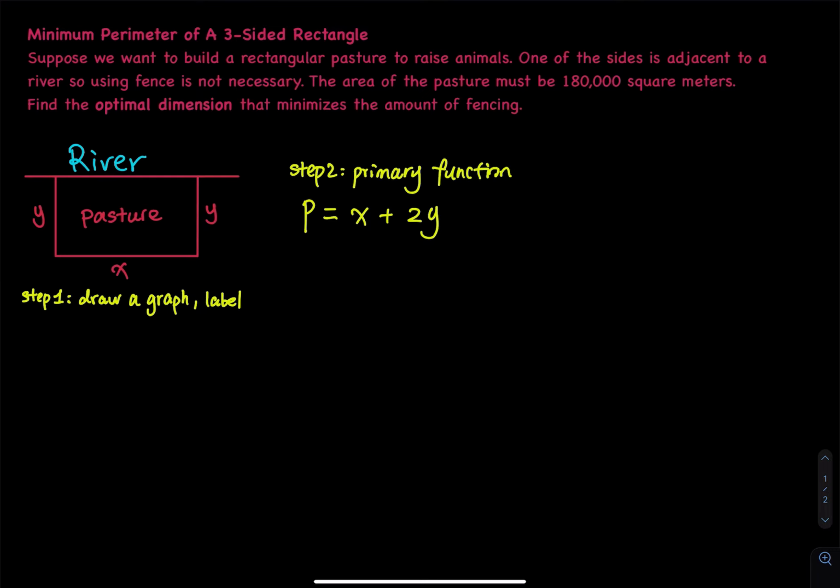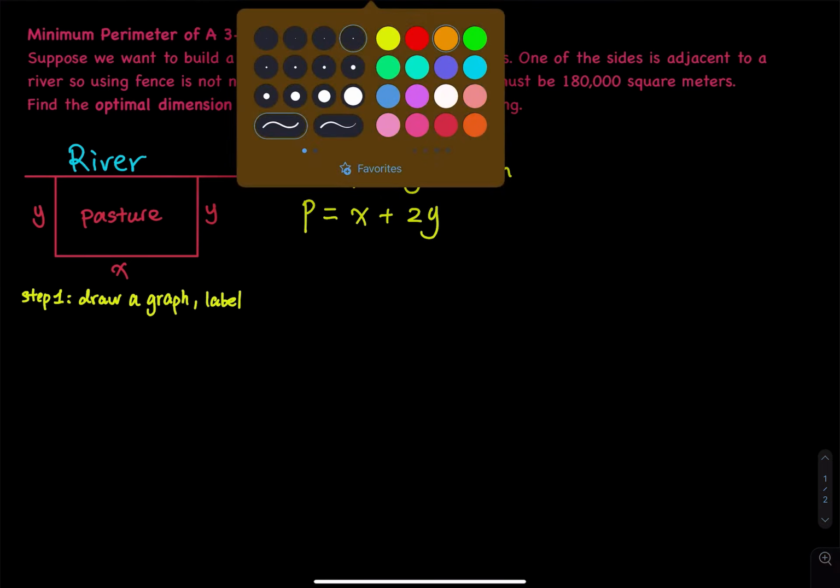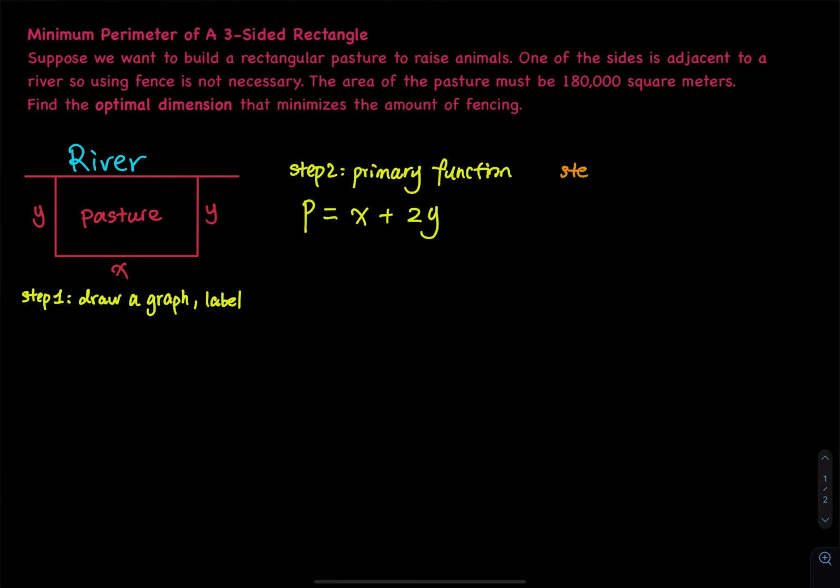In order to write this primary function in terms of one independent variable, we will need a secondary equation. That brings me to step 3. Let me use a different color to write step 3. Step 3 is the secondary function. What is secondary? Secondary is what is given.